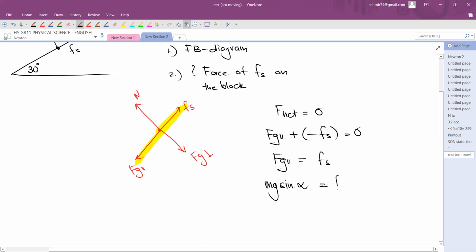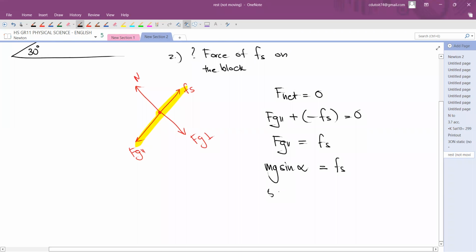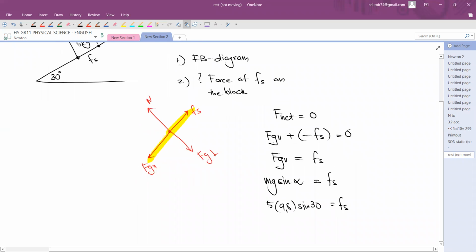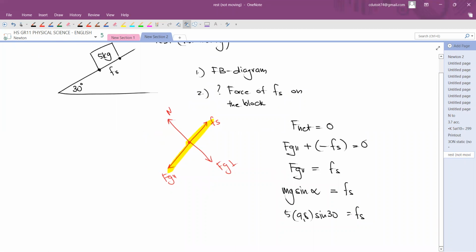Yeah. Okay, very good. So now I have mass, I think it was 5 or something. 5 times 9.8 sin 30 is the frictional static force. Good. Now what? 5 times 9.8 times 0.5.